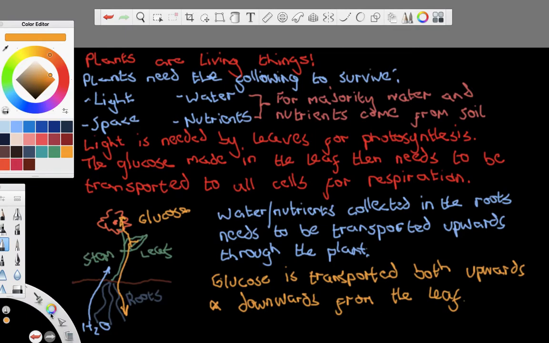So the final thing I want to just write here is that the stem facilitates, big word, facilitates movement of both substances.